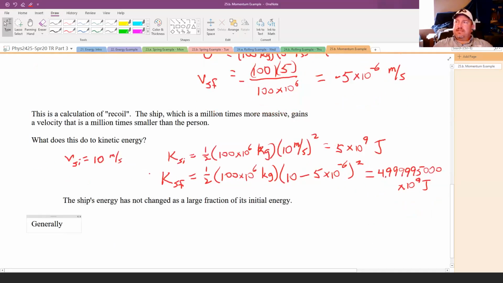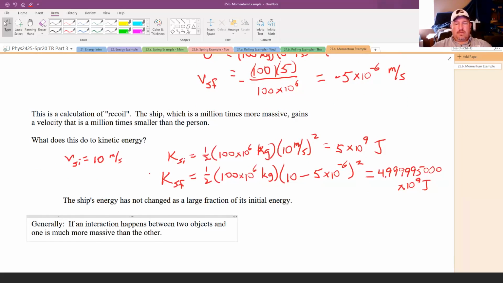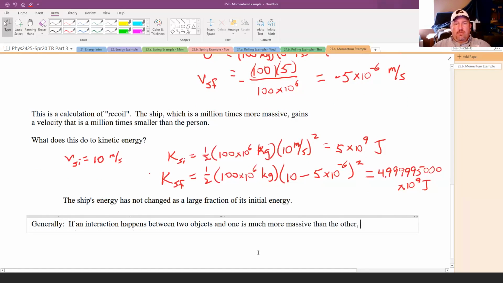We could put this together into a general idea. We had an interaction between two objects. A person jumped off a ship, and the one object was much more massive than the other.